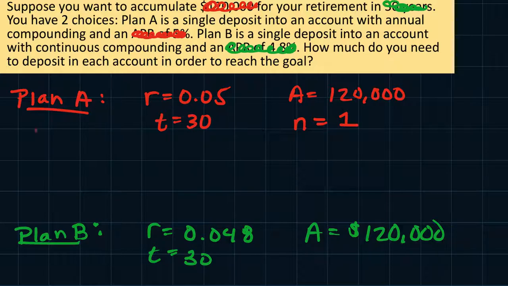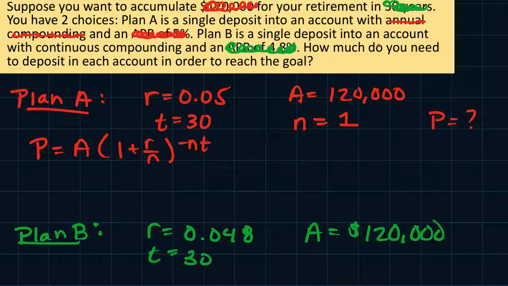And because it's an annual compounding, we're using the formula P is A, 1 plus R over N to the negative NT. Remember, we're solving for P. We're trying to figure out how much we should put in to make our goal of $120,000. So I think Plan A is complete. Now let's read Plan B pretty carefully here.